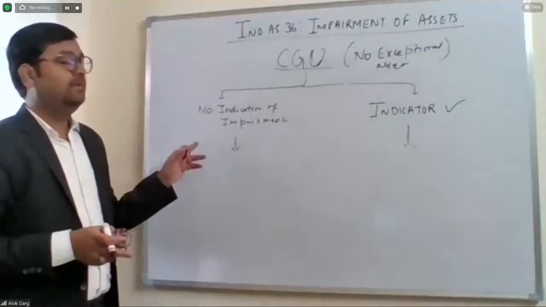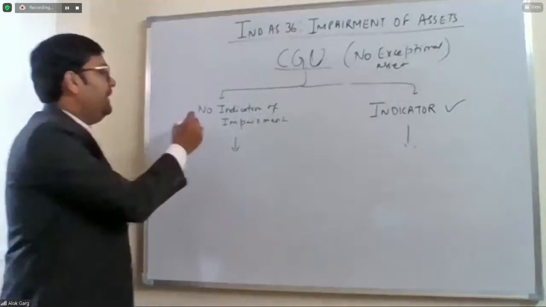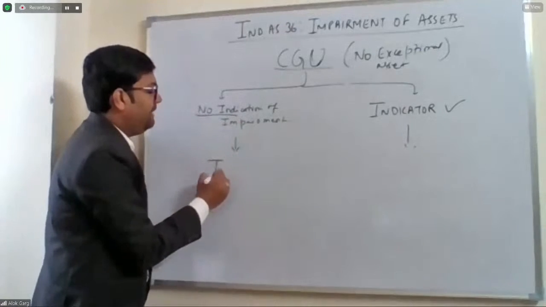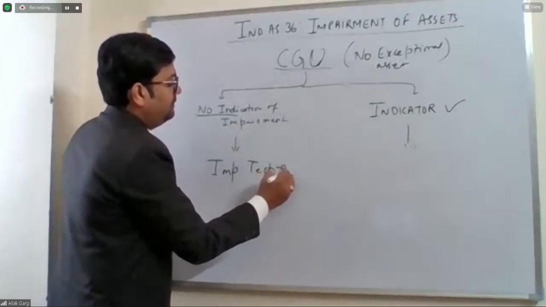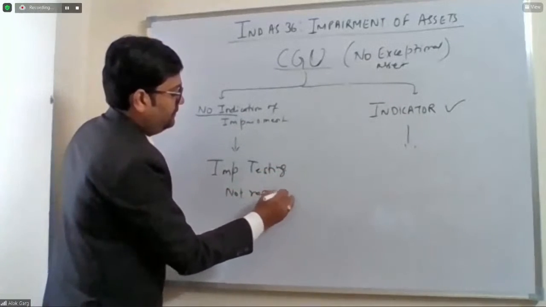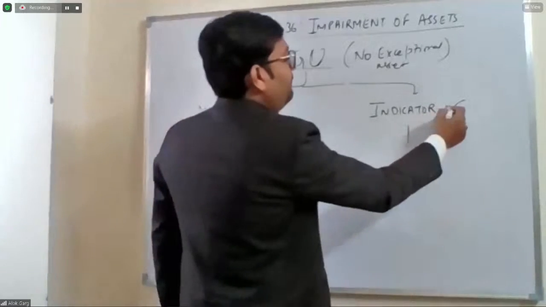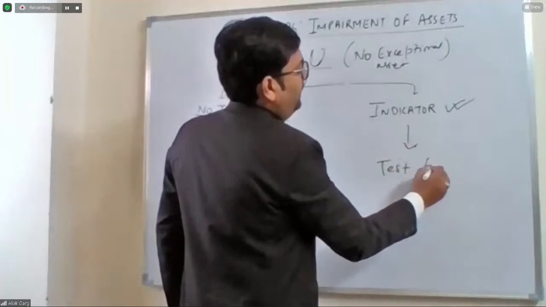Then what will happen? There is no indication of impairment. If there is no indication of impairment, impairment testing is not required. If there is indication of impairment, impairment testing is required. Test for impairment.